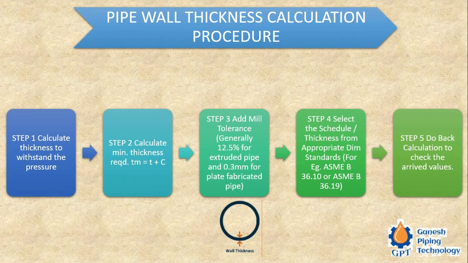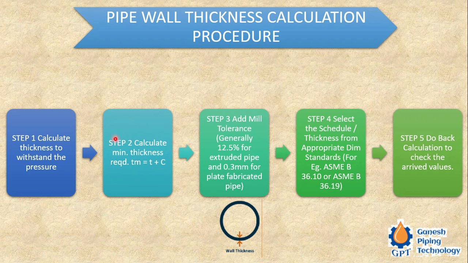Just to give you a broader idea of the pipe wall thickness calculation procedure. First is to calculate the thickness to withstand the given pressure, calculated from the formula mentioned in the earlier slide. As soon as you arrive at some value, you have to add a corrosion allowance.